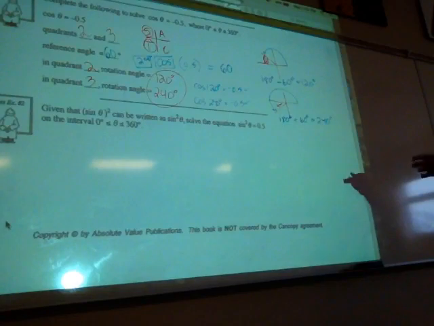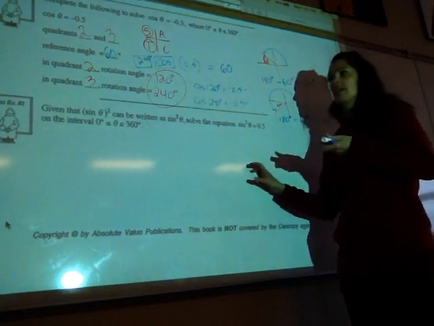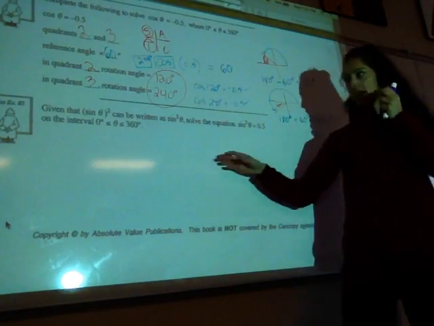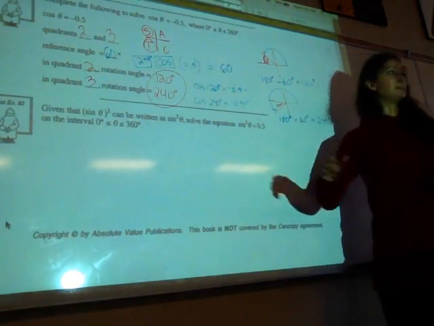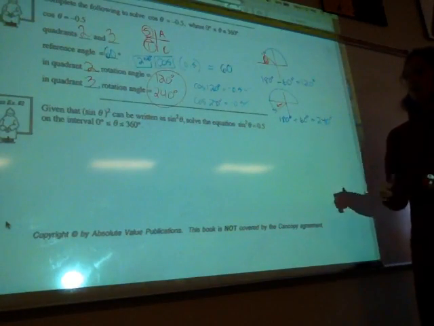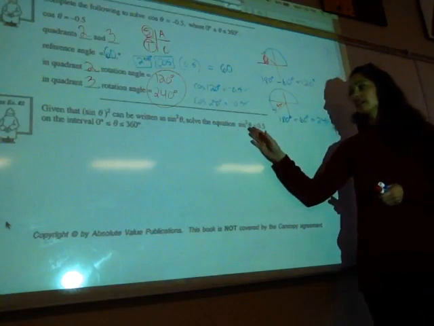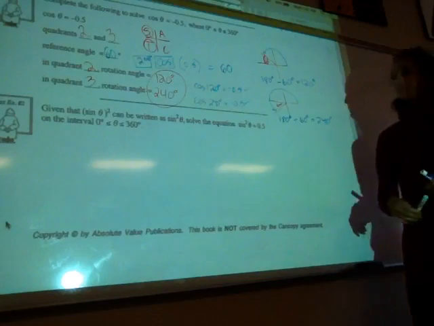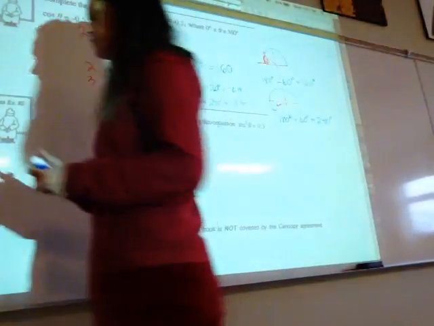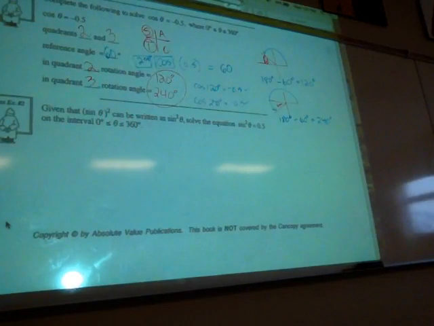Okay, sometimes you're going to be given trig ratios that are actually squared. Just note that sine theta squared is the same thing as sine squared theta. We have to solve the equation sine theta squared equals 0.5. But first, we need to just isolate the sine, okay?